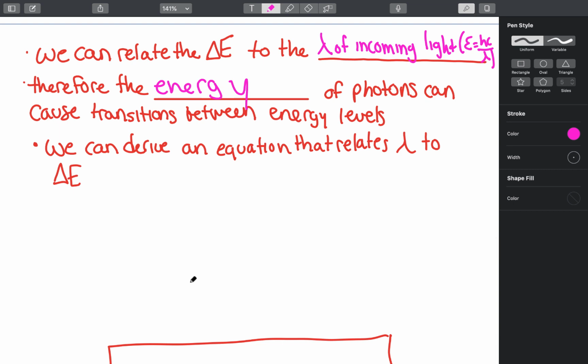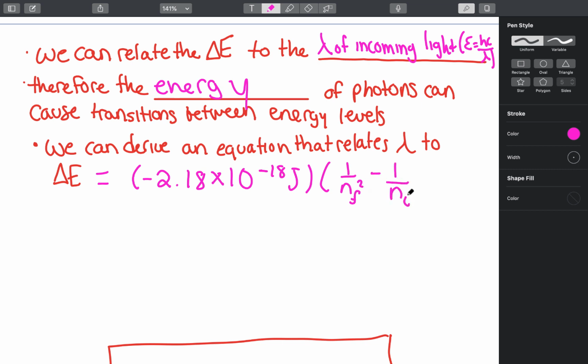So we start off with the equation that Bohr gave us. So delta E is equal to negative 2.18 times 10 to the negative 18th joules times 1 over n final squared, so I'm just going to use nf, minus 1 over n initial squared.